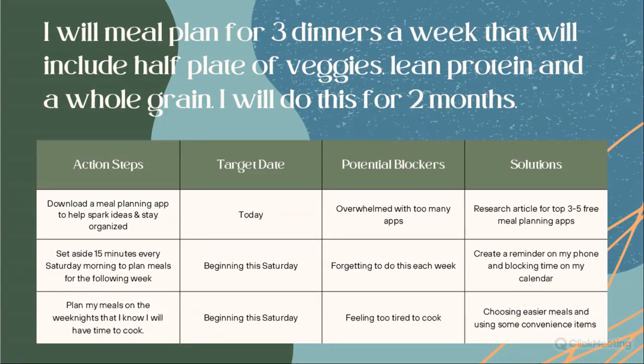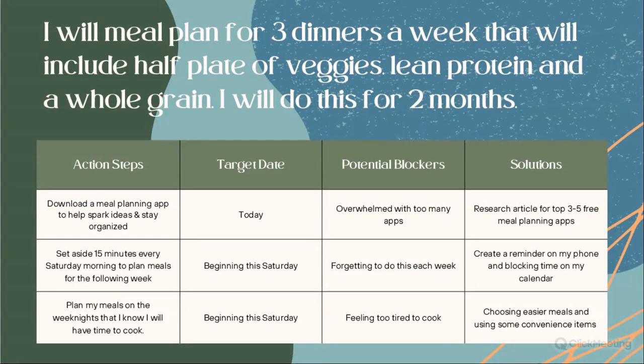Okay, so that's a specific goal. 3 dinners a week seems okay, and I'm basing this off my own schedule. So I'm going to talk through it in my own personal life. But hopefully you're able to see how you can relate or how to think through your goals and what this process looks like for you.